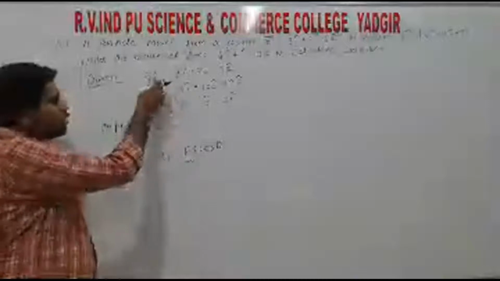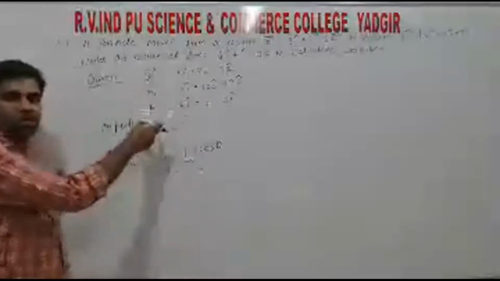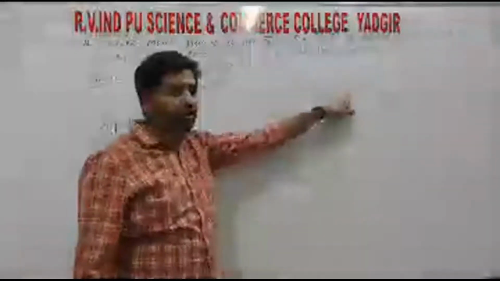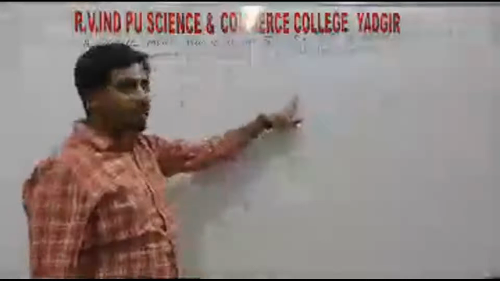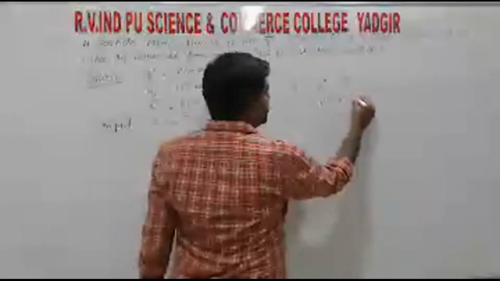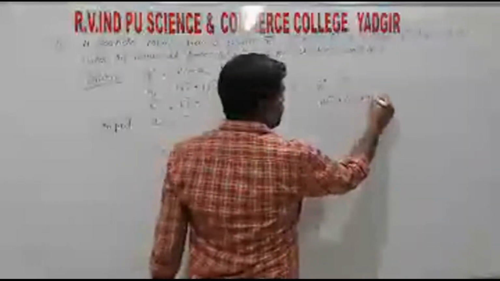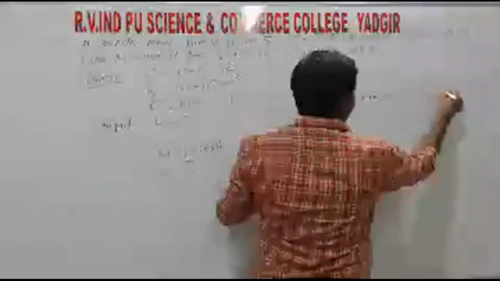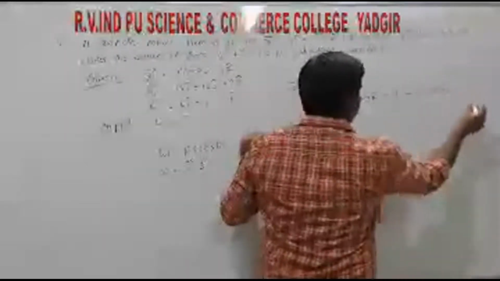So in the data given here, is there any displacement? There is no displacement. First we need to find the displacement, the shortest distance between the final position and the initial position. So that is 14i cap plus 13j cap plus 9k cap minus r1 vector, which is minus 3i cap minus 2j cap plus 6k cap.